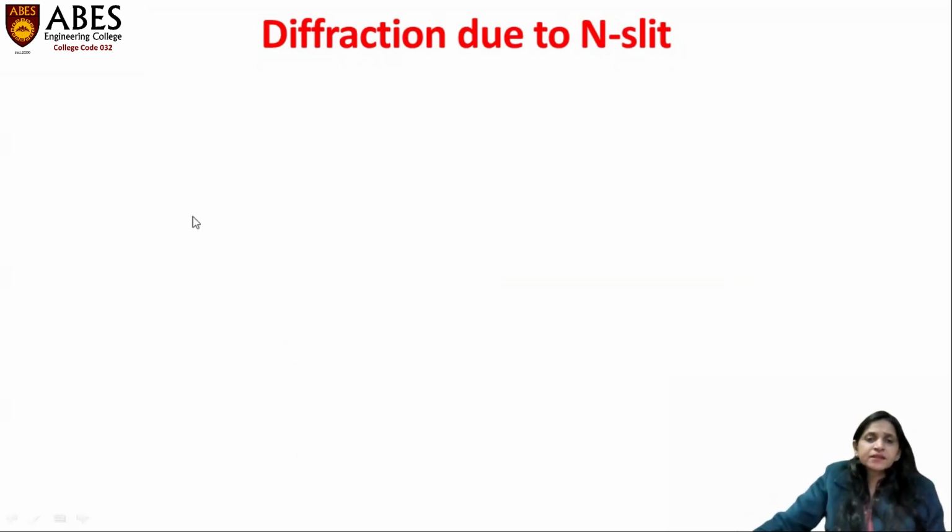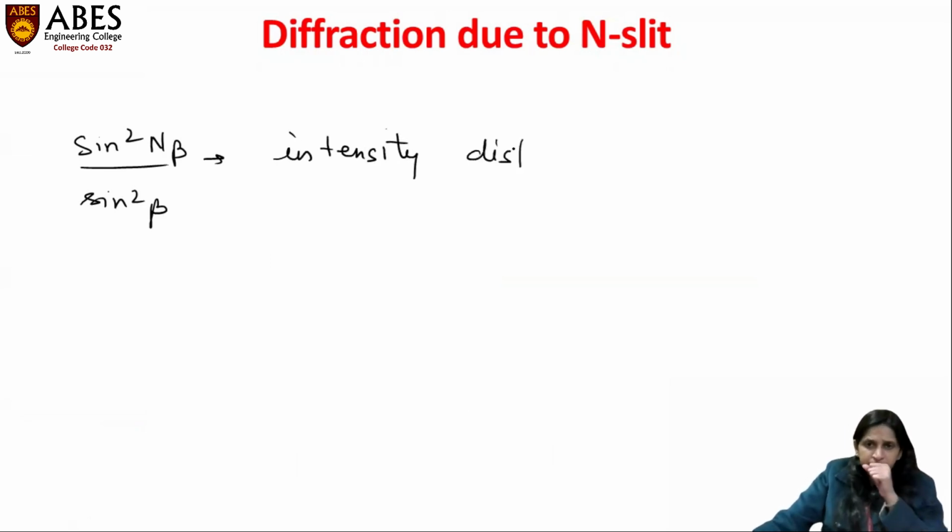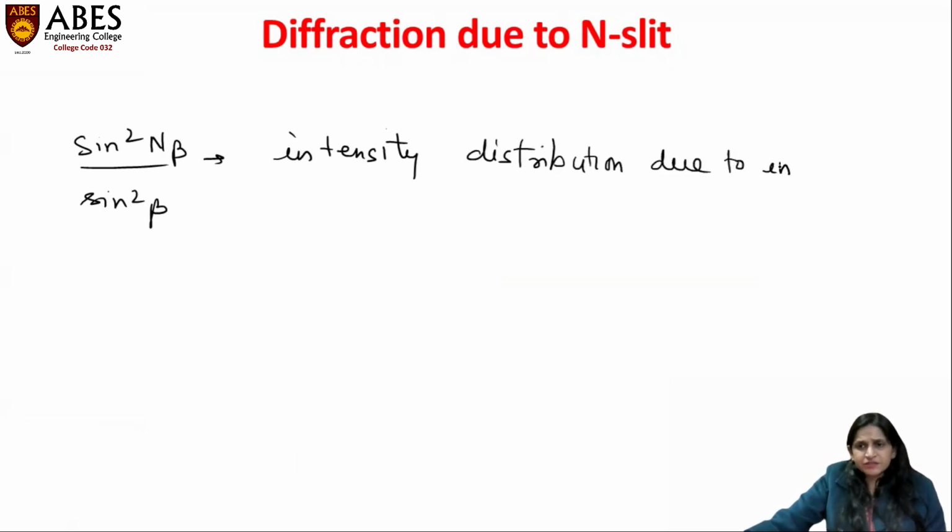And sine square n beta upon sine square beta represents intensity distribution due to interference.